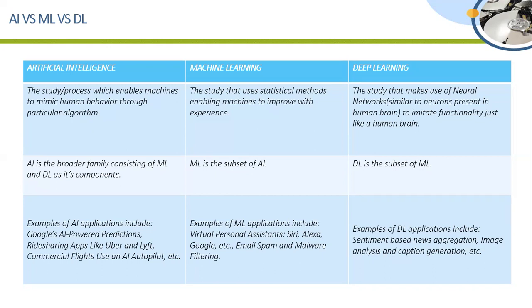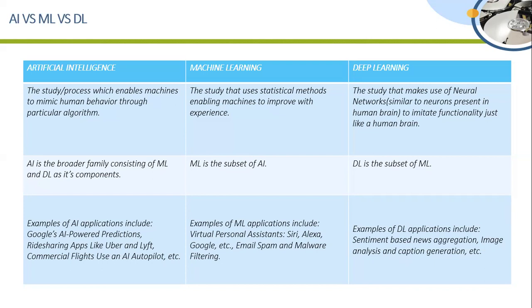AI is a super class, and under that we have ML and DL, that is machine learning and deep learning. ML is a subset of AI, and deep learning is a subset of ML. Some applications using AI are Google AI predictions, ride sharing apps like Uber and Lyft, and AI autopilot.